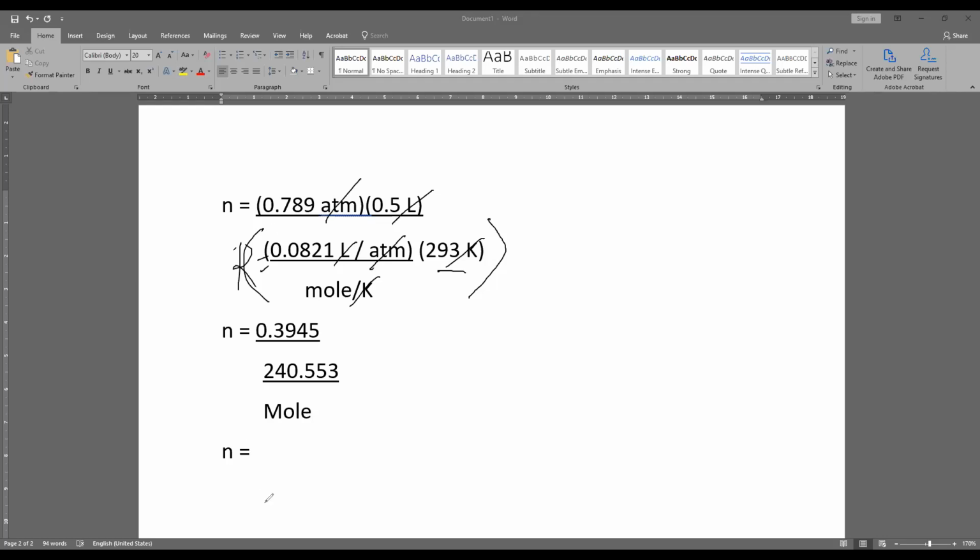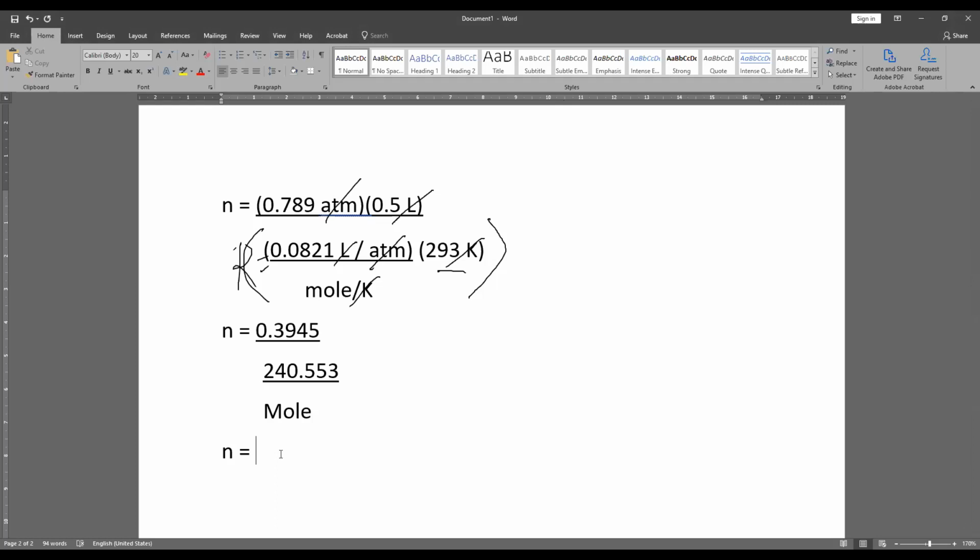So your mole is equal to 0.3945 divided by 240.553.